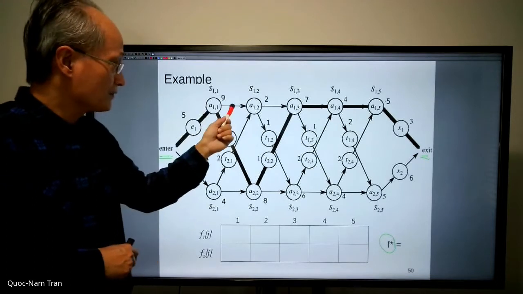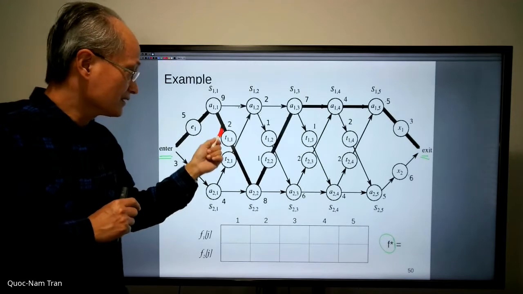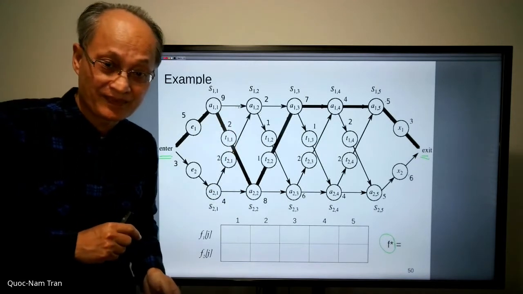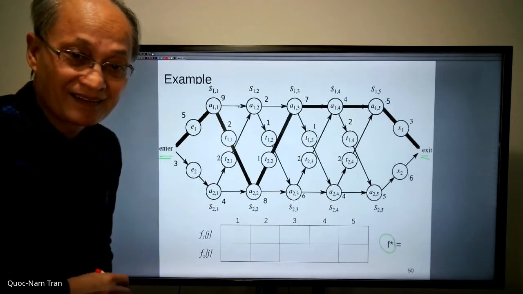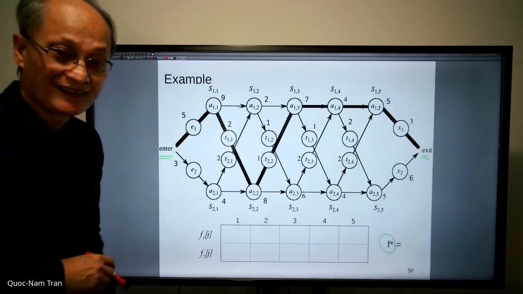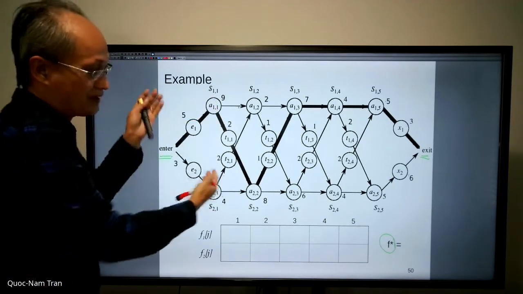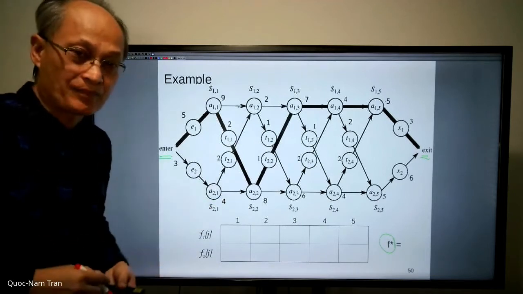It's not for the length of this edge, nor this edge. Okay. How can we change this graph into a graph to which we can apply Dijkstra?